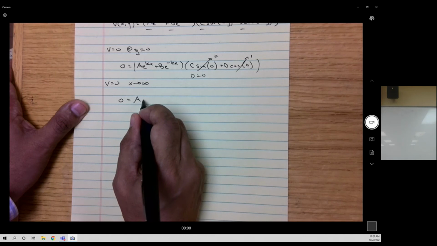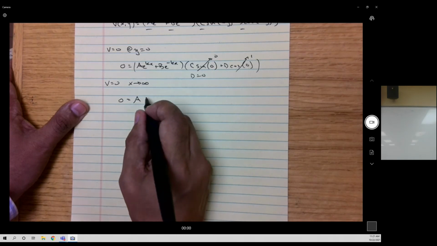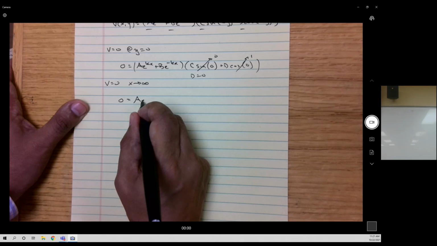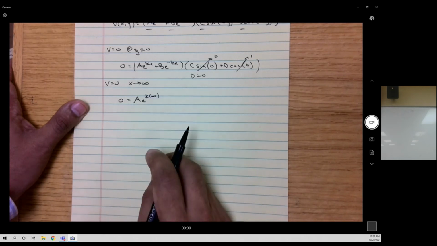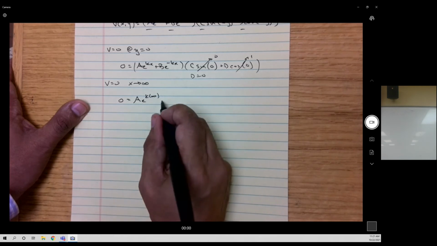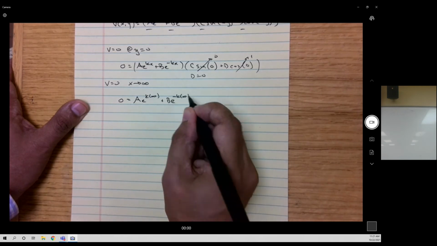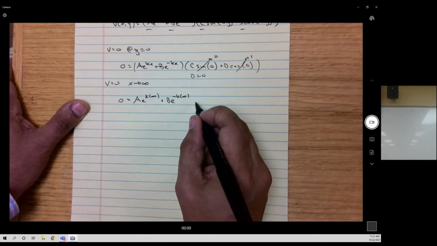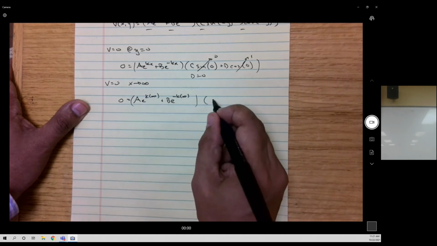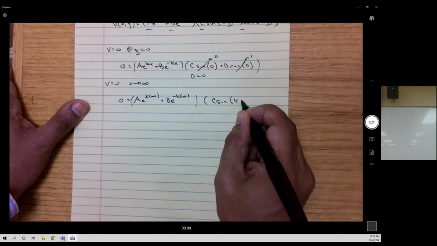So we're going to have A e^(kx) and B e^(-kx), and this is infinity. I know it's not correct, but I'm just going to write it like that. I guess I should do the limit when x goes to infinity, plus C sine of ky.